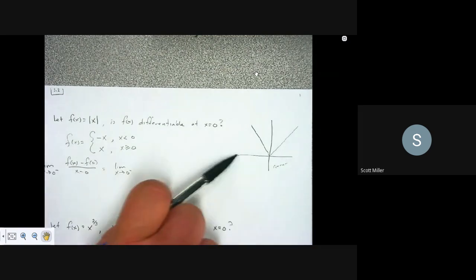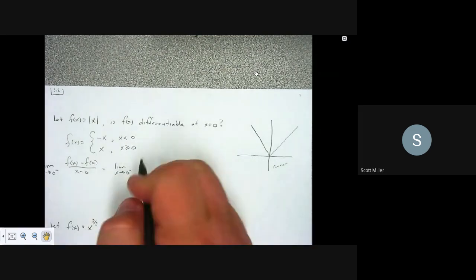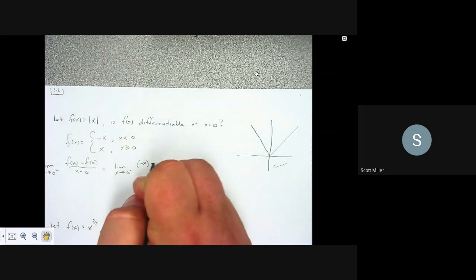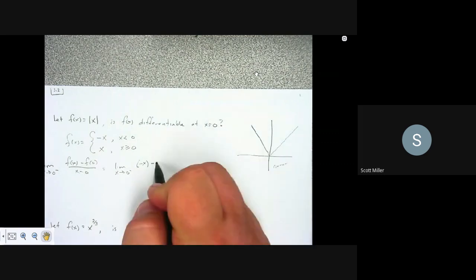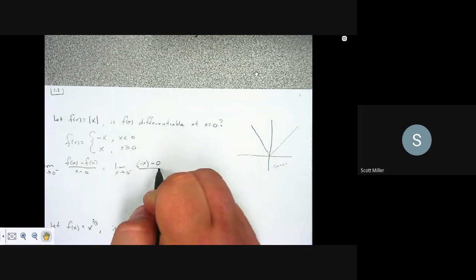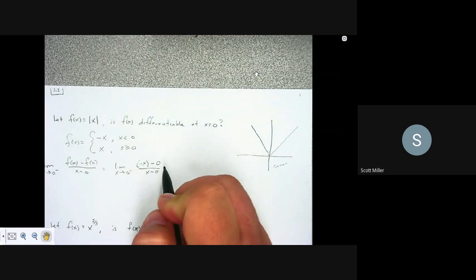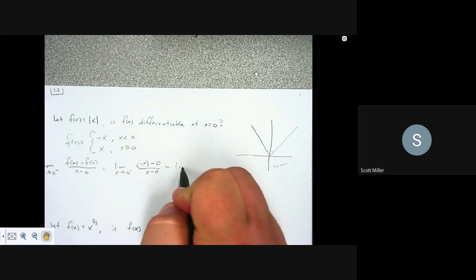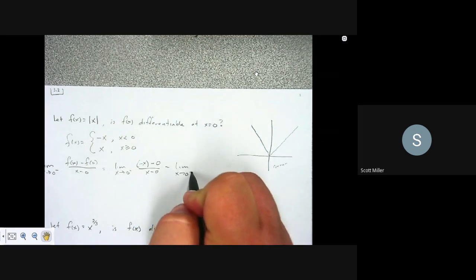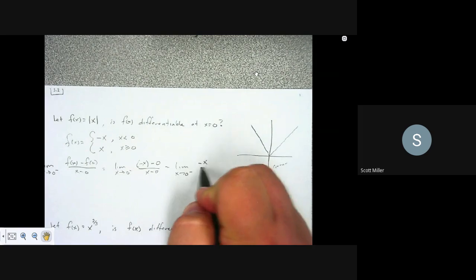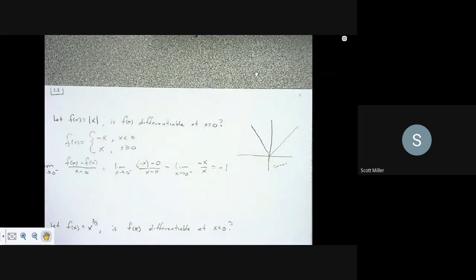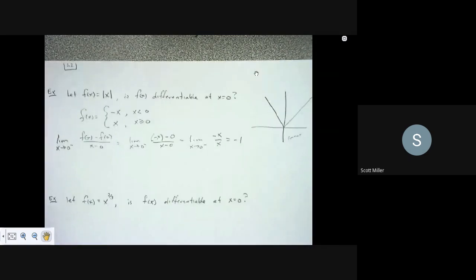When I'm over here, I'm on the negative side, and so this is equal to negative x. f of 0 is just 0, and this is x minus 0. And so now I have the limit as x approaches 0 from the left of negative x over x, which is negative 1.